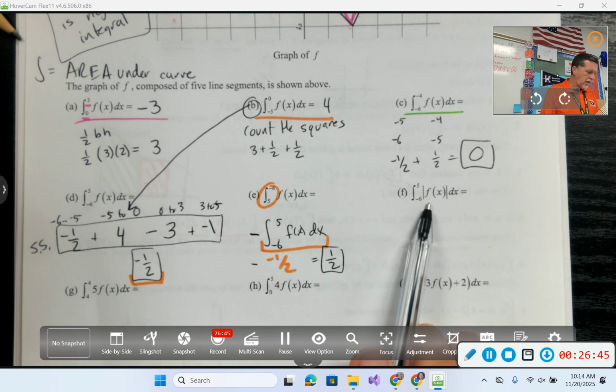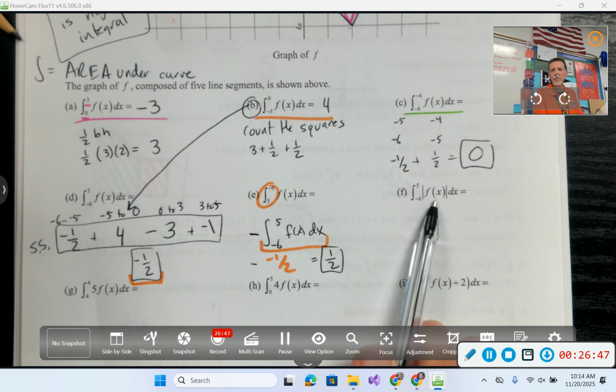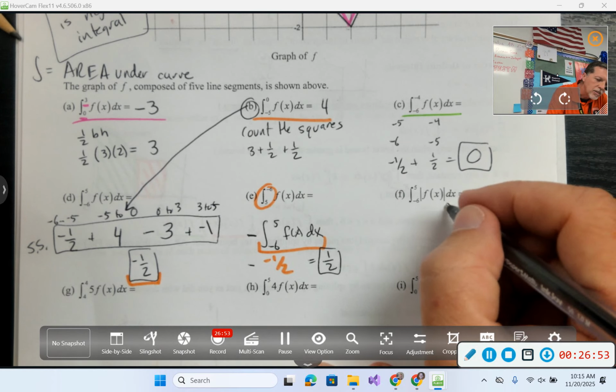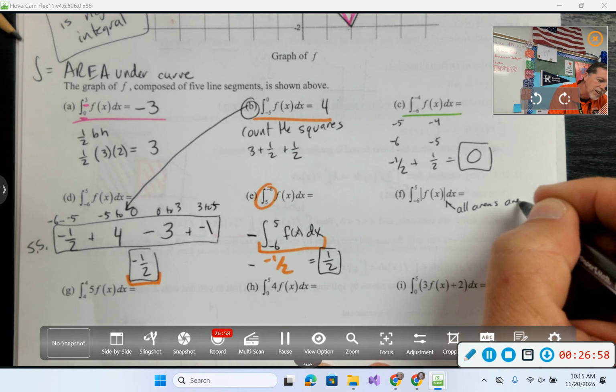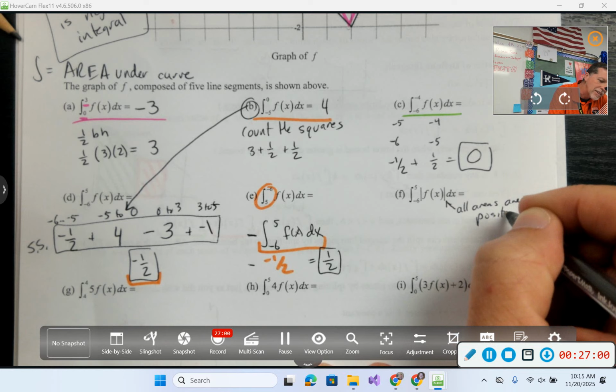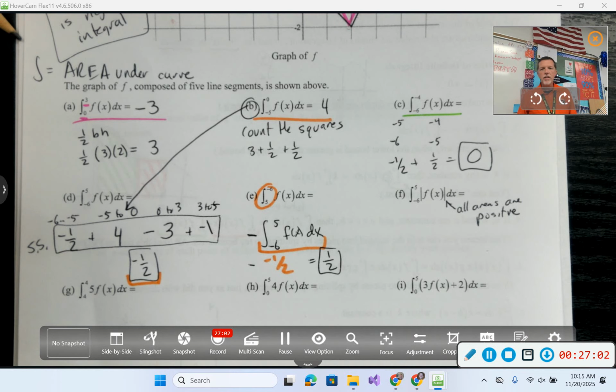Part F. What does absolute value do to a graph, or do to a number, do to a value? Makes it positive. So that means all areas are positive now. Nothing is below the axis. So I'm still going to work my way from left to right, add up all the pieces, but there's no negative pieces anymore.